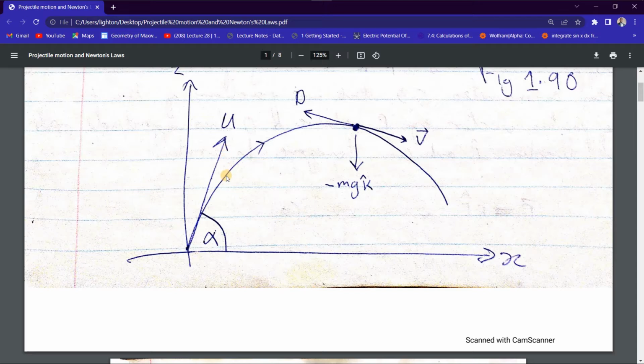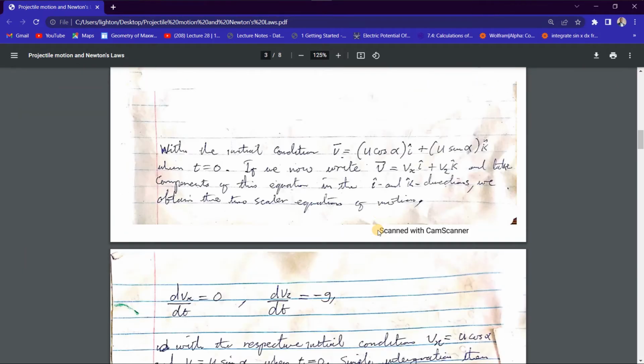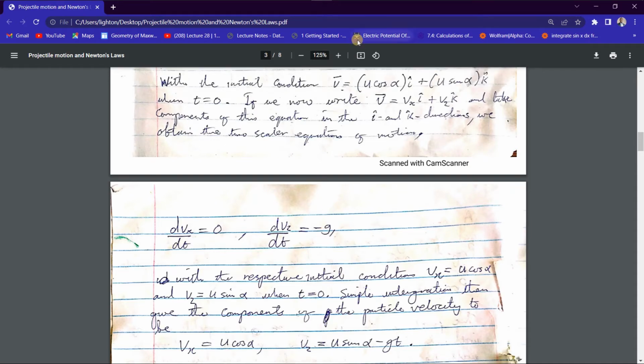Because if you set up a triangle here, you find that the x component will just have u cos alpha, and the vertical component will be u sine alpha. That's why we have this part here called u cos alpha.